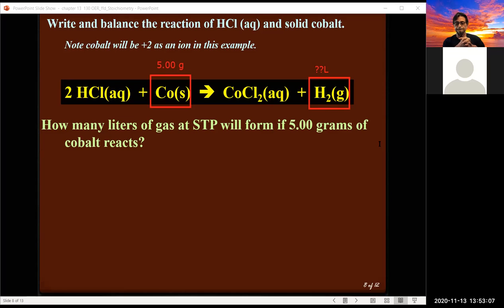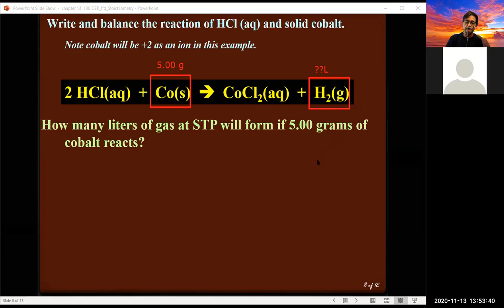We look at the relationship there. It's a 1-to-1 mole ratio. I forgot to check, is that a balanced chemical equation? And it is, so that ratio is correct. Second of all, we are at STP, therefore we can utilize the 22.4 liter per mole relationship, which again is another ratio.